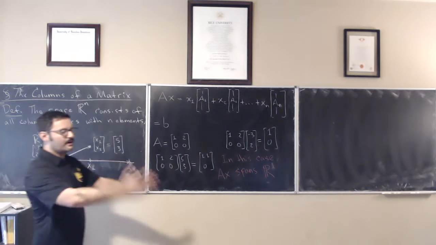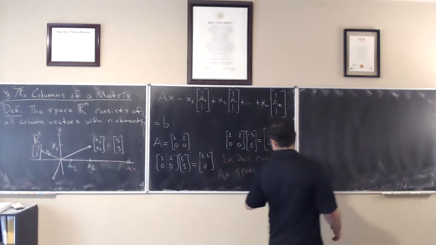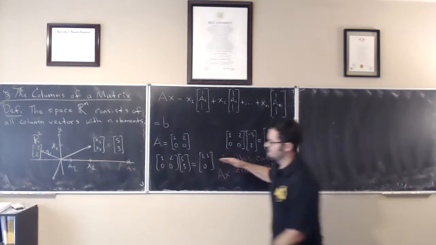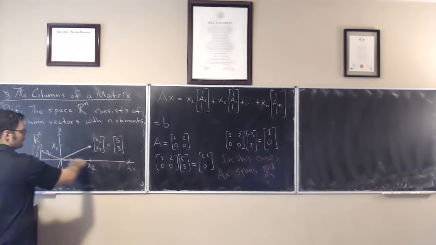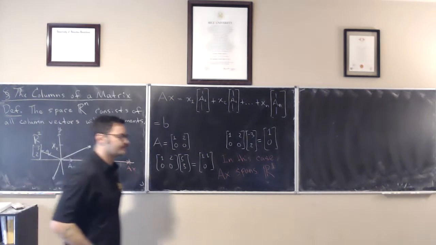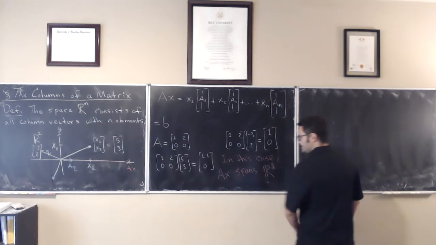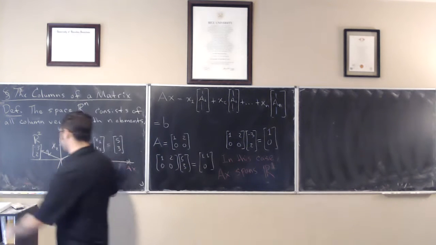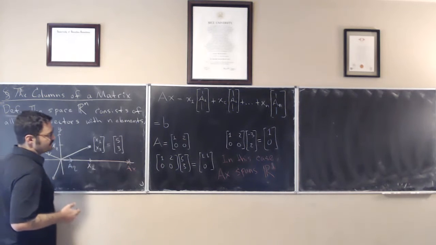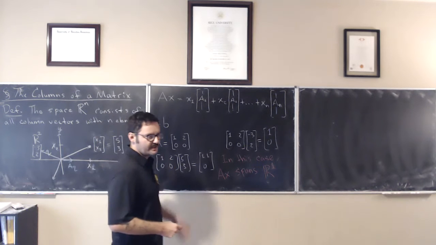The space of all possible vectors is exactly R1. It's just this x-axis. Do you see that? That's kind of a special thing, right? For some reason, this matrix always puts me on the x-axis.